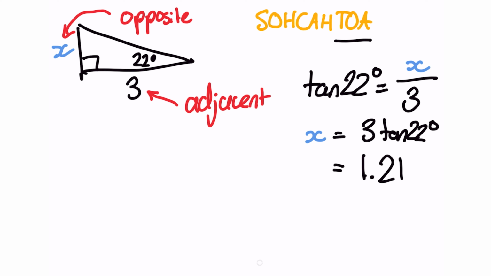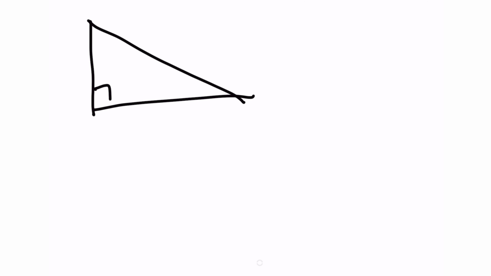Okay, now I bet you're wondering, well, what if we have two sides and it asks us to find the angle instead? Well, luckily we can do that too. Let's say we have the triangle where this is theta, and we know 5 and 3. Well, again, we're going to write out SOHCAHTOA. We're going to identify the sides.